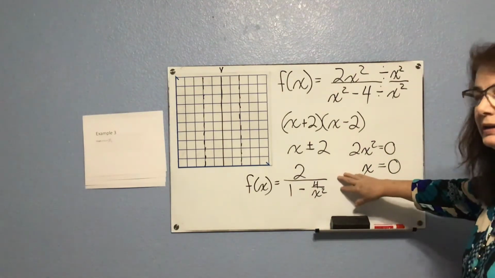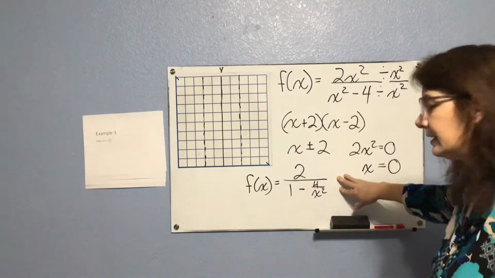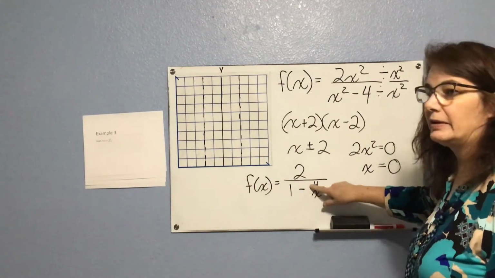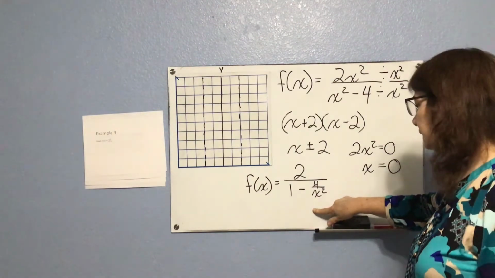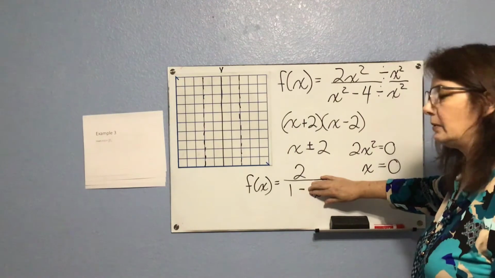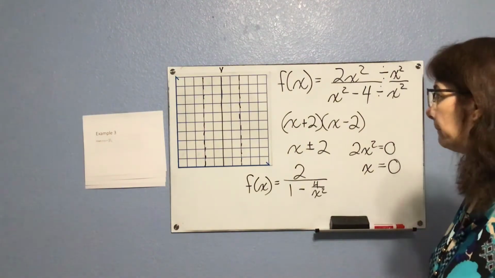Using my idea once again, as x gets very, very large, this number is going to get very, very small, and so it won't even really matter. My horizontal asymptote is going to be 2 over 1.